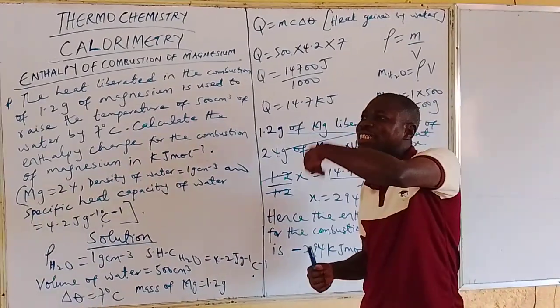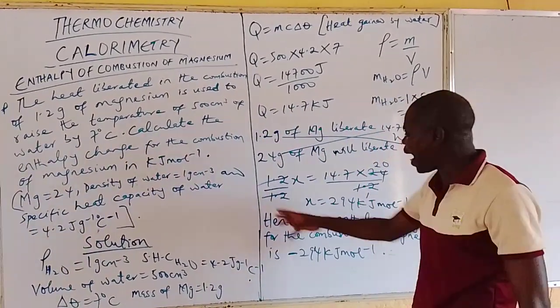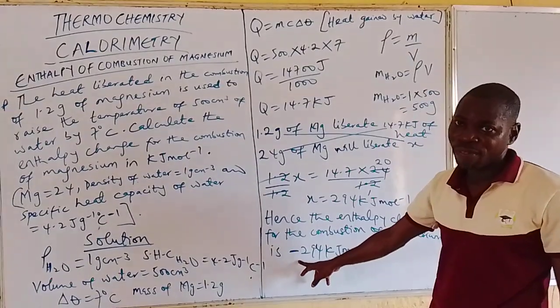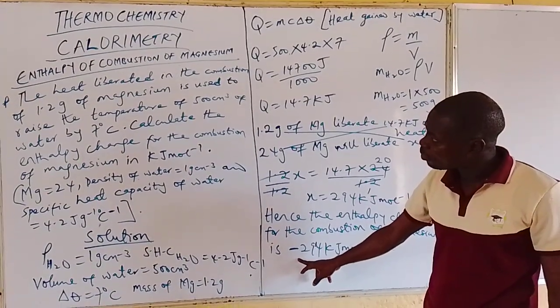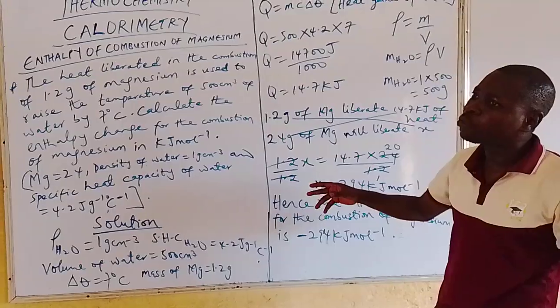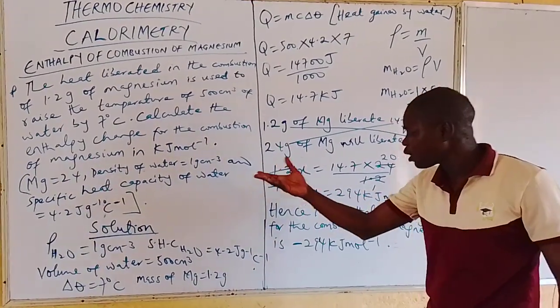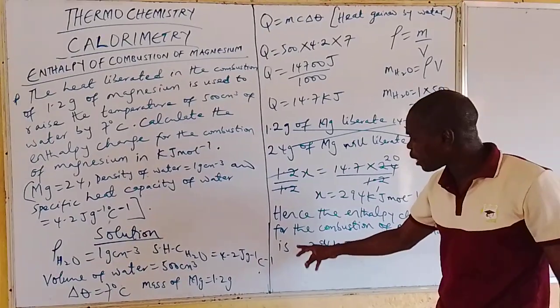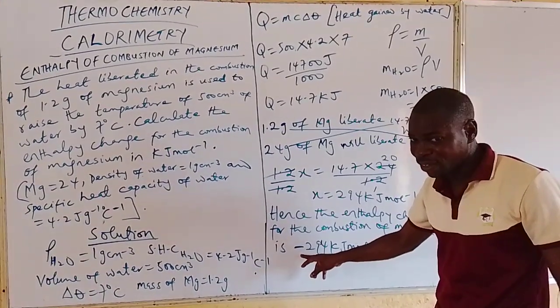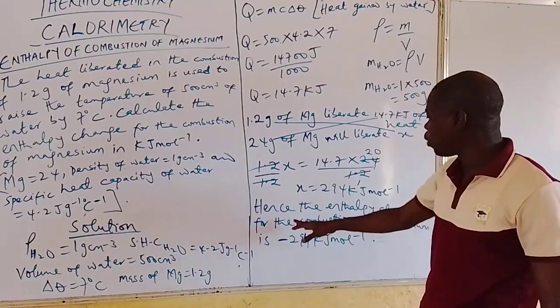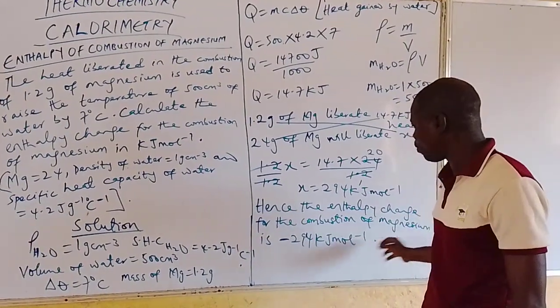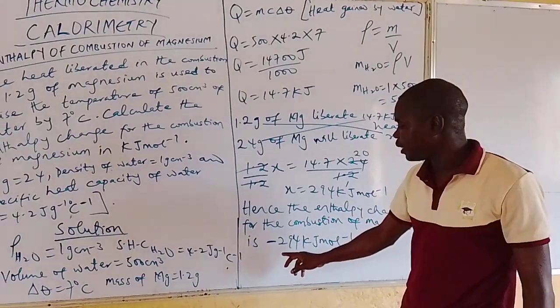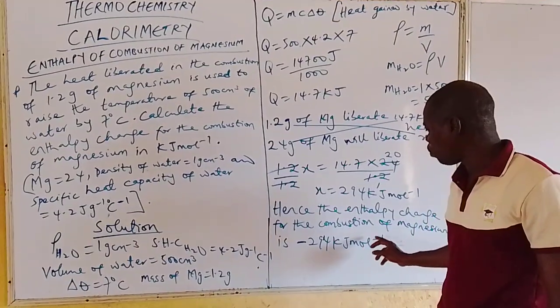So anytime it is liberated to the environment, the enthalpy will be negative. Whenever it is evolved, the heat change will be negative. So that is the reason we are having negative as our result. Hence the enthalpy change for the combustion of magnesium is minus 294 kilojoules per mole.